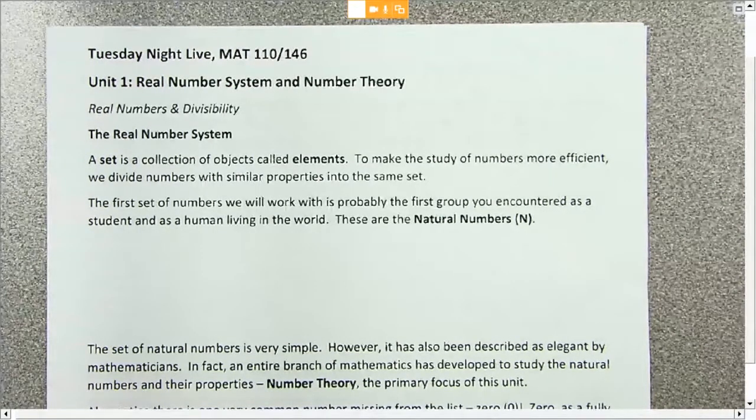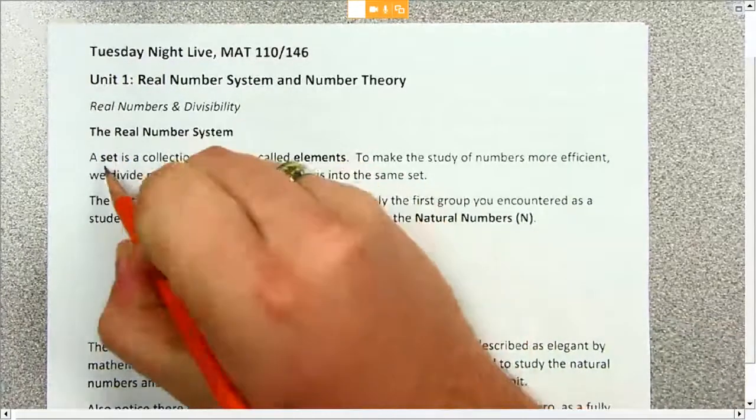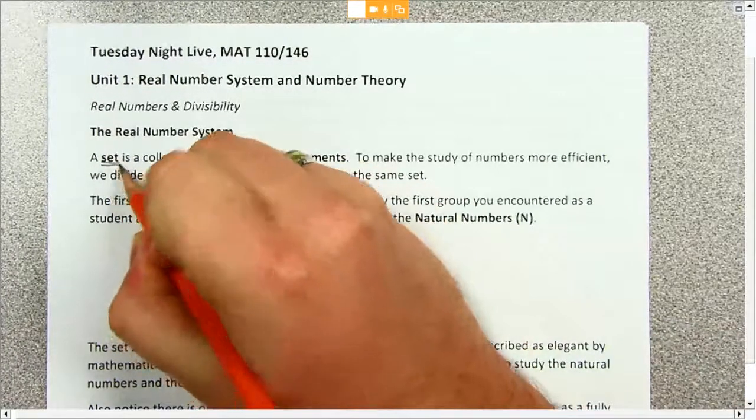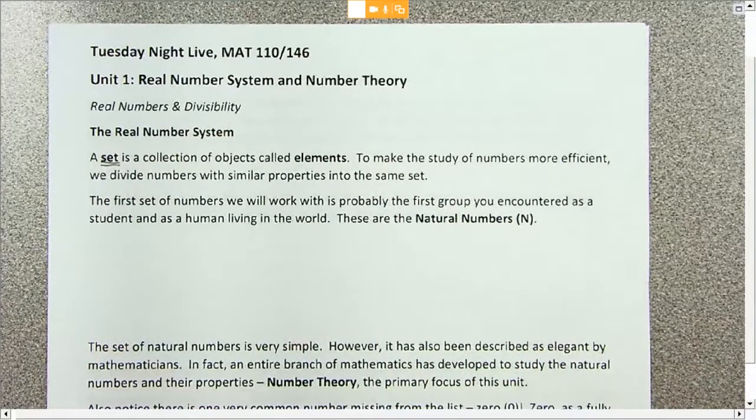Okay, all right. So first of all, let me tell you that a set is a collection of objects called elements. Most of the time we're going to talk about sets of numbers, but you can have sets of anything. You can have sets of shapes, like if you're in geometry maybe, you can have sets of equations. We can have sets of people, right?